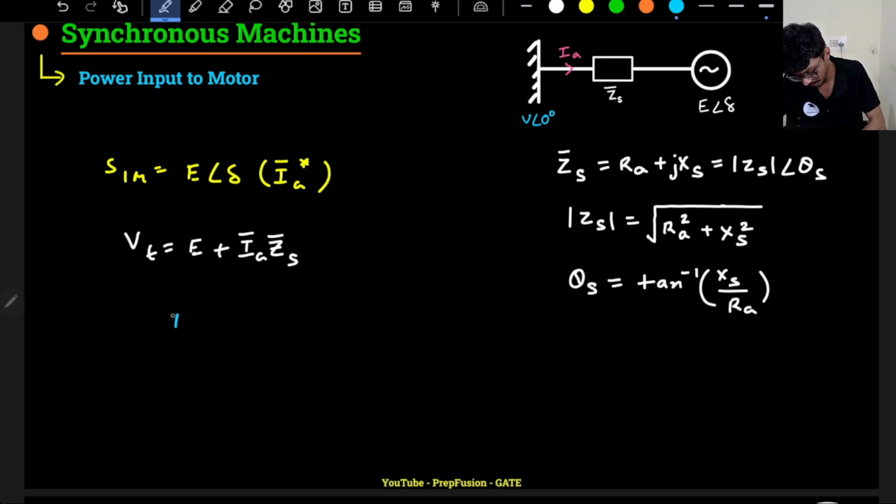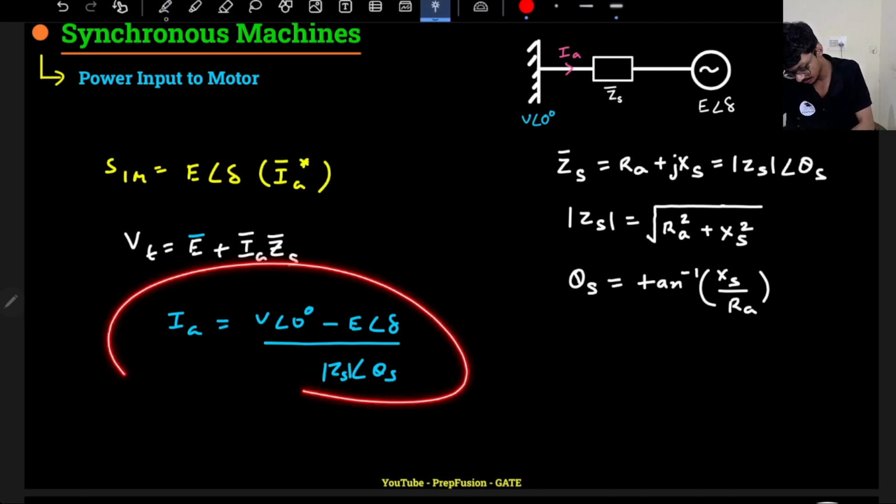So what is my I_A? Remember E is also a phasor. I_A is V_T, which is V∠0, minus E∠δ, divided by Z_S, the magnitude of Z_S ∠θ_s.